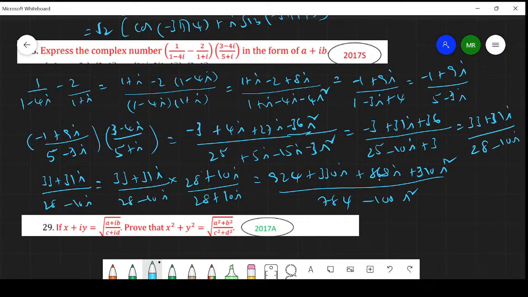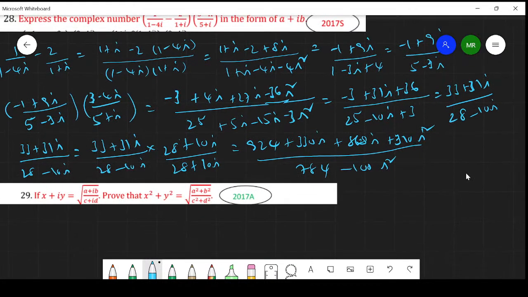You are getting bigger numbers. Be careful here. Then you add and you can simplify. 924 minus i square, where i square is minus 1. See, be careful when you are doing this part. You write 924, add 330 plus 868.